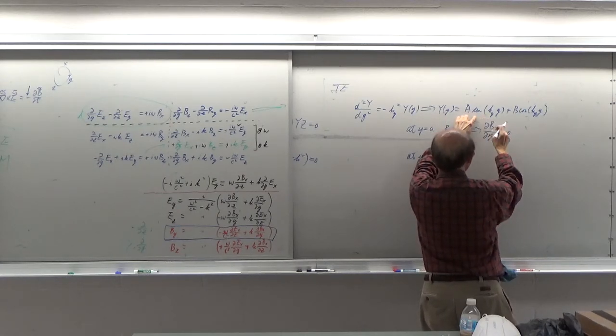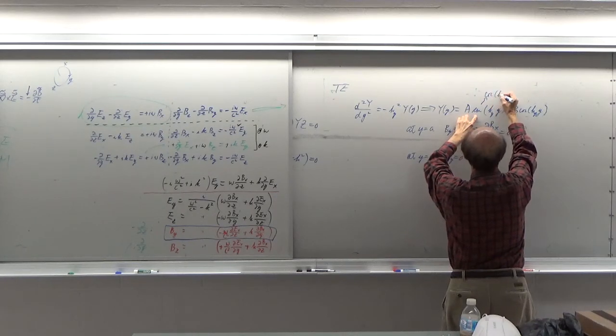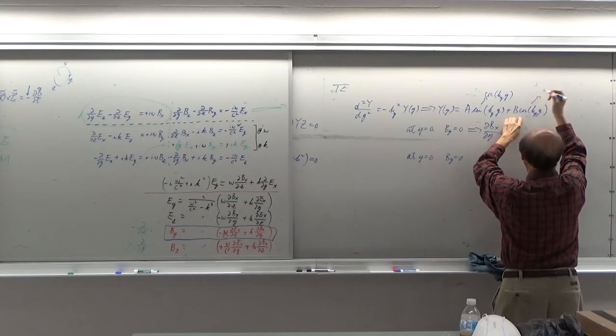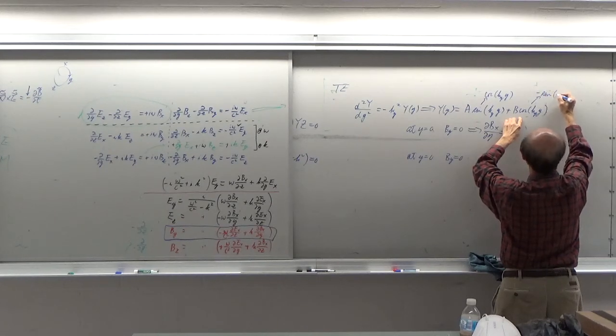So the derivative of this: sine goes into cosine, and cosine goes into sine of ky y, forgetting about factors or minus signs.